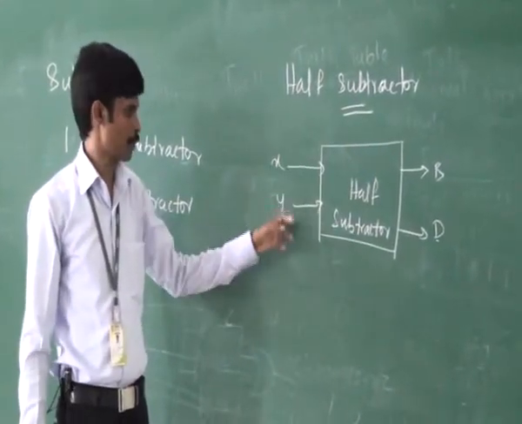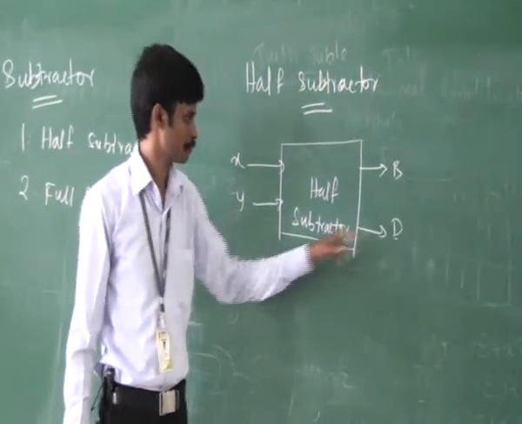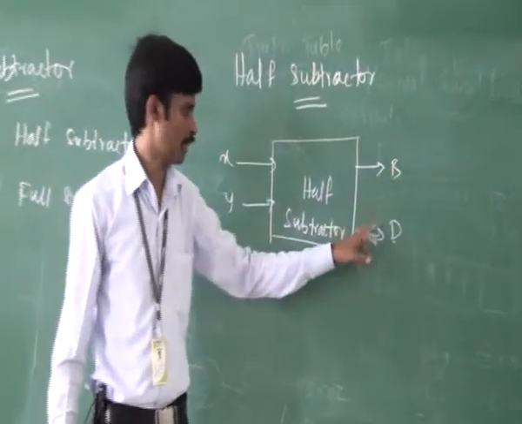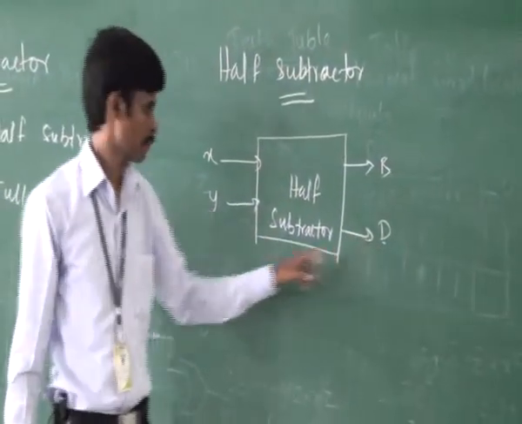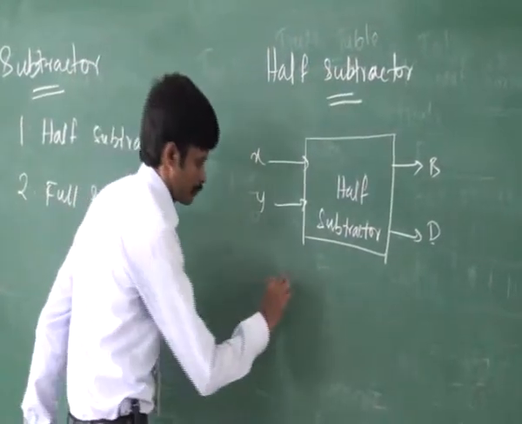It consists of two inputs x and y and two outputs borrow and difference. Borrow is denoted by B and difference is denoted by D. Now let us see the basic rules for binary subtraction.